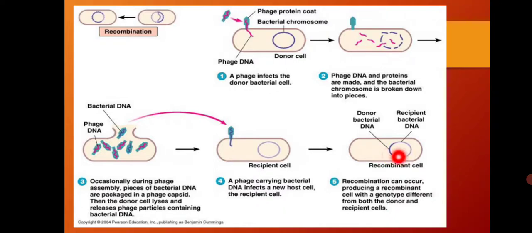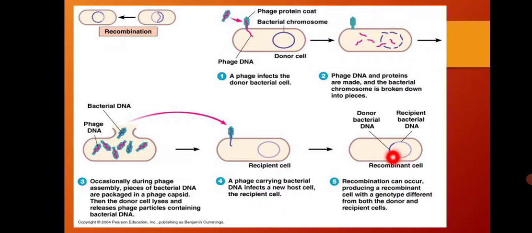That is the recombination process, and finally when the recombinant DNA or recombinant gene is formed in that cell, it is referred to as a recombinant cell. So a recombination can occur producing a recombinant cell with a genotype different from the donor and the recipient cell.